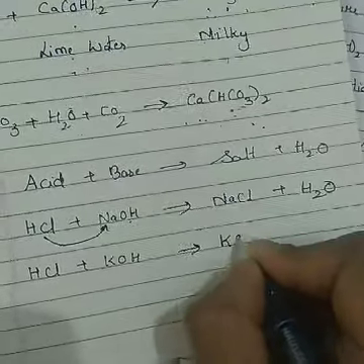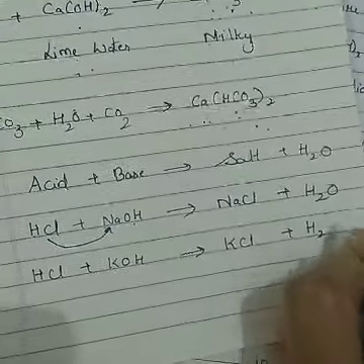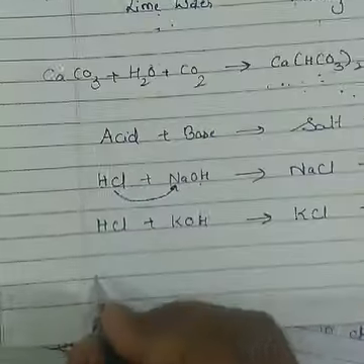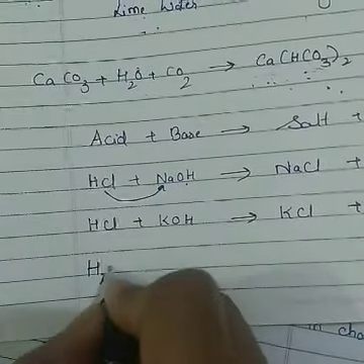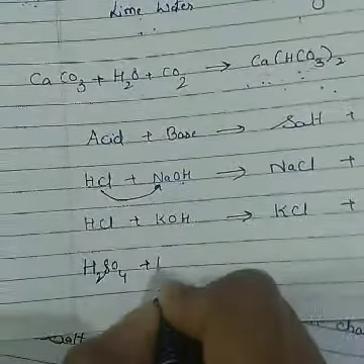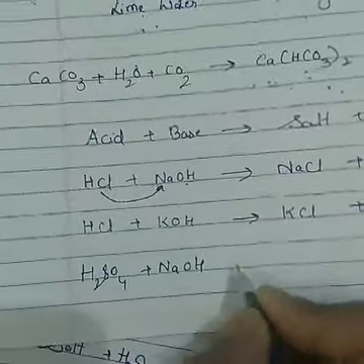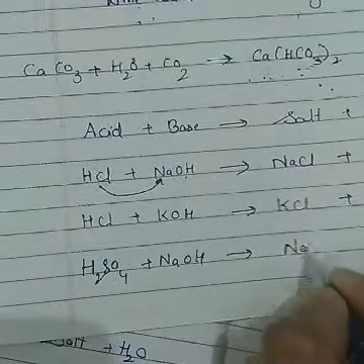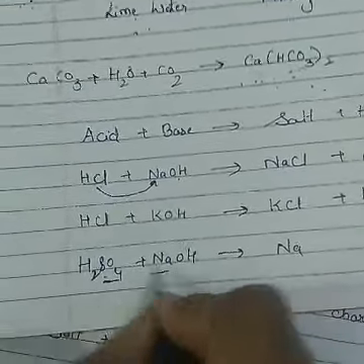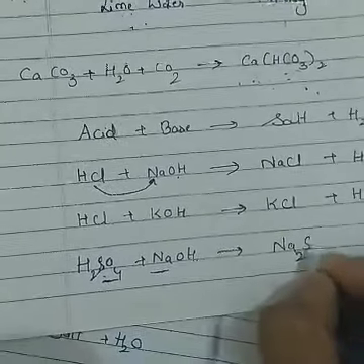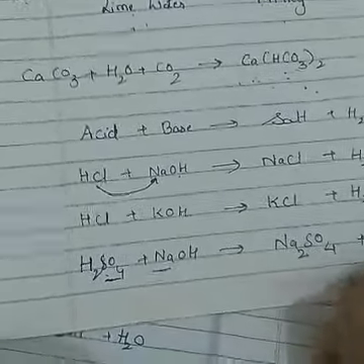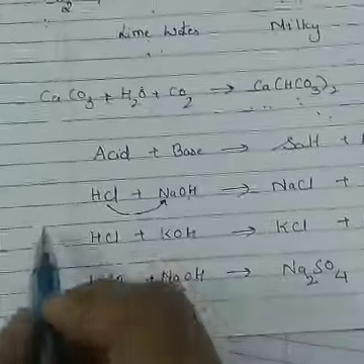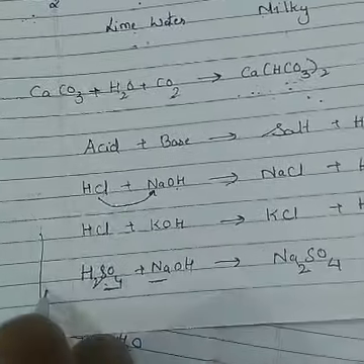It forms KCl plus H2O. Let me take one more example. If we take sulfuric acid and make it react with NaOH, what will it form? Na2SO4 plus H2O. So these are the examples of the neutralization reaction.